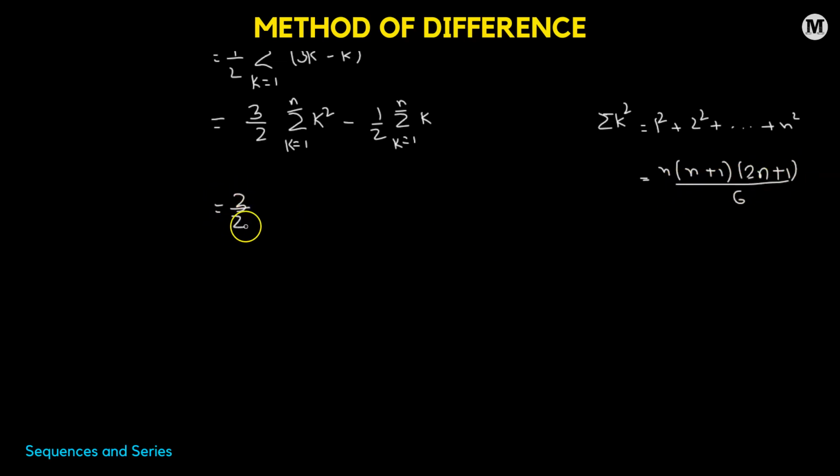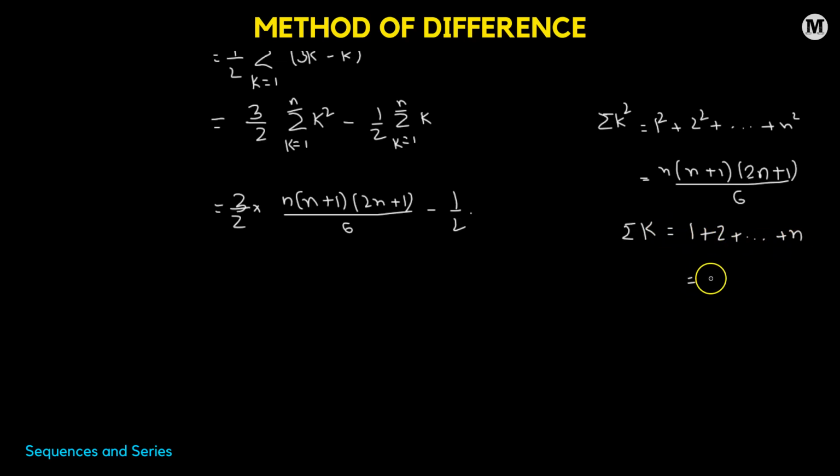We're going to get 3/2 multiplied to n times (n plus 1) multiplied to (2n plus 1), whole divided by 6, minus 1/2 multiplied to, what is the summation of k? That's the sum of the first n natural numbers. So that's n times (n plus 1) divided by 2.